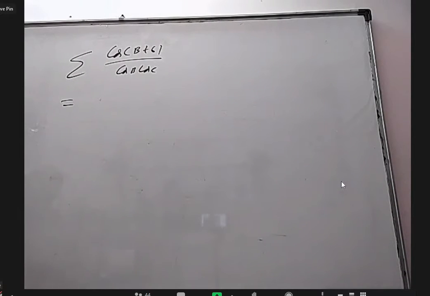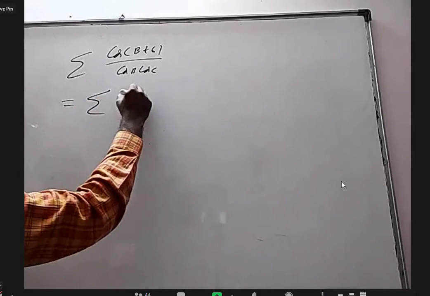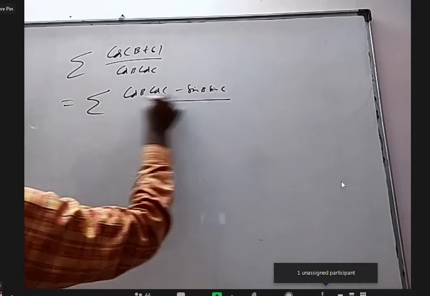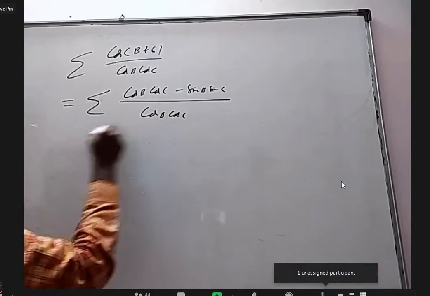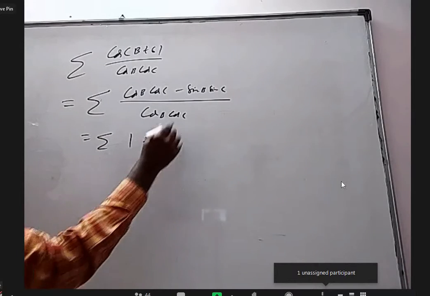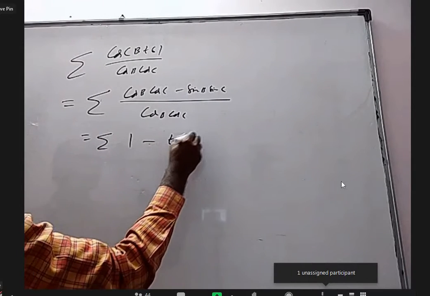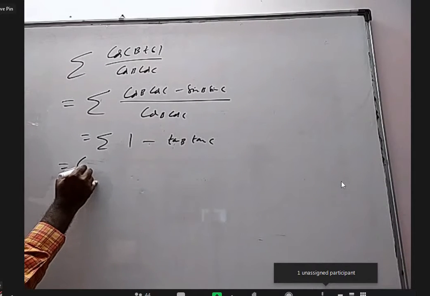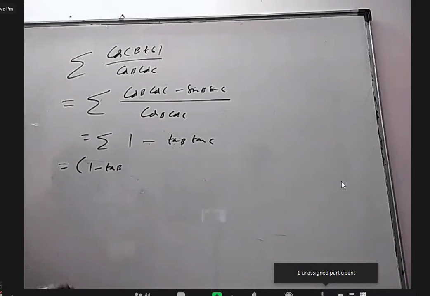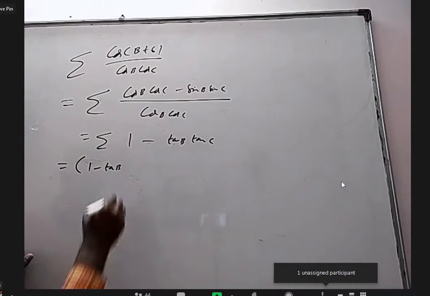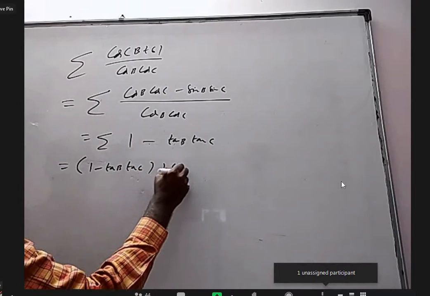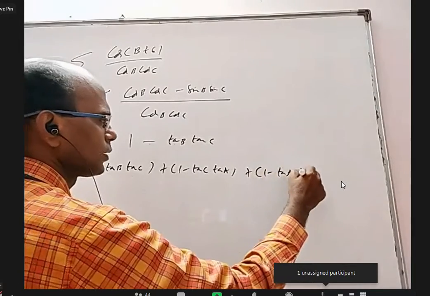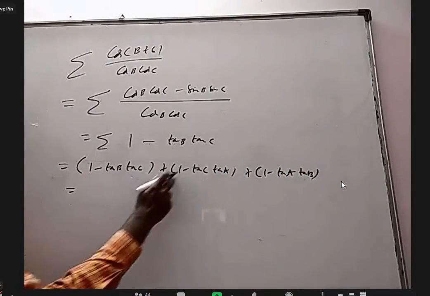Okay, now how to do the C bit? Cos(B plus C) is cos B cos C minus sin B sin C, all by cos B cos C. If I take this by this, it is 1, and if I take this by this, it is tan B tan C. Now when I expand the sigma, I will get 3 things: 1 minus tan B tan C, 1 minus tan C tan A, and 1 minus tan A tan B. 1 plus 1 plus 1 is 3.